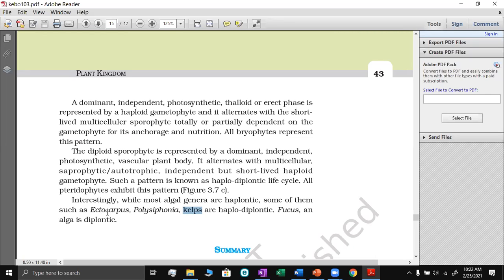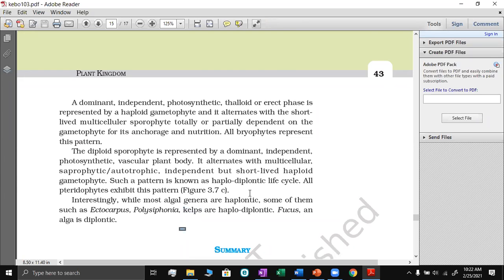That's why sometimes it is believed that the evolution of land plants has taken place from the algae only, because in the algae we find almost all types of life cycle that are found in plants.